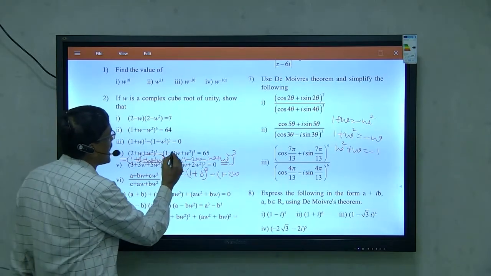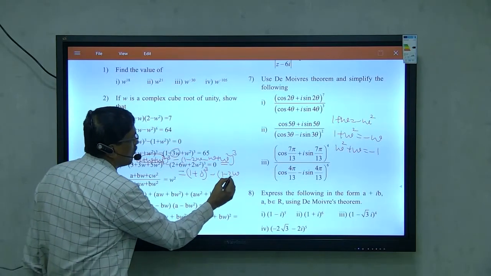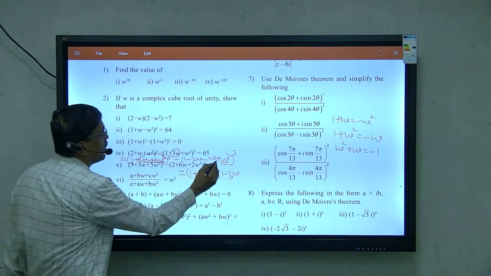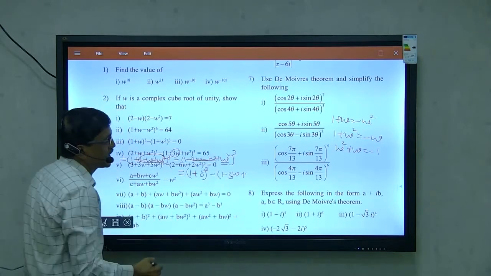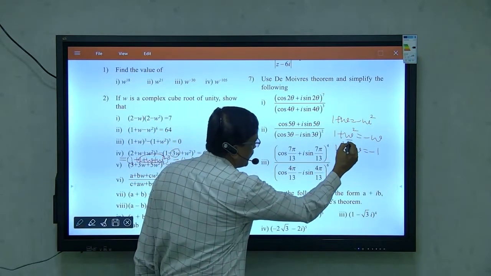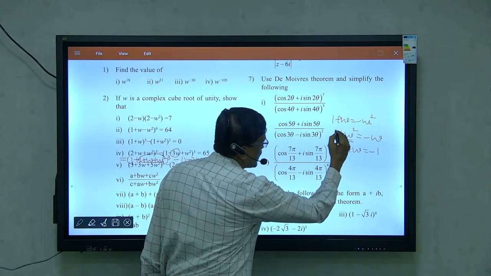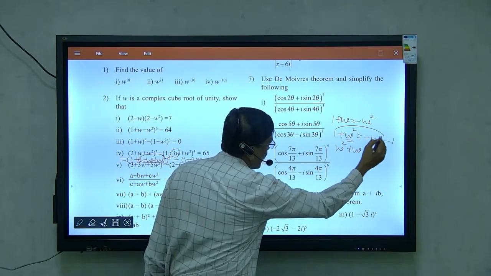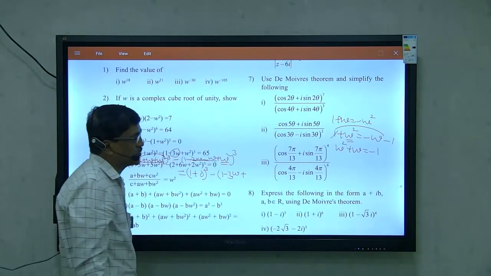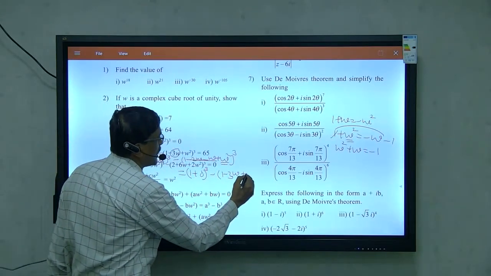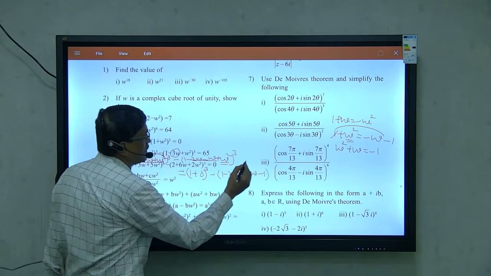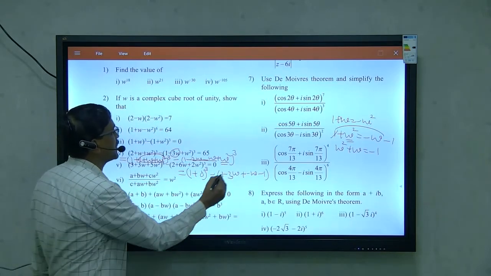Let us write it as the original minus 3 omega. And what is omega square? Omega square is minus omega minus 1, transferring the 1. So this is minus omega minus 1, raised to 3.